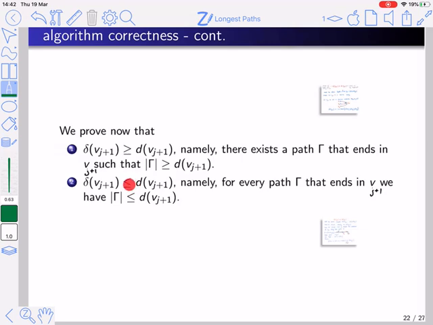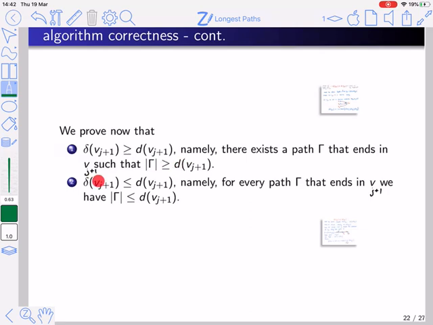Now let's try to understand what these two inequalities mean. The first inequality means that the maximum length of a path that ends in vj plus 1 is not less than what the algorithm computes. Namely, there exists a path that ends in vj plus 1 whose length is at least d of vj plus 1.